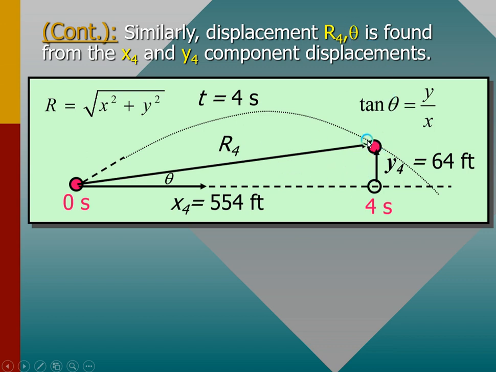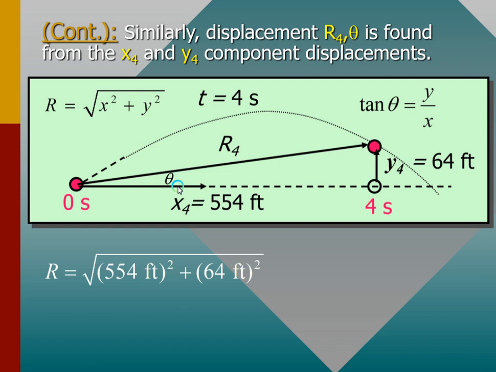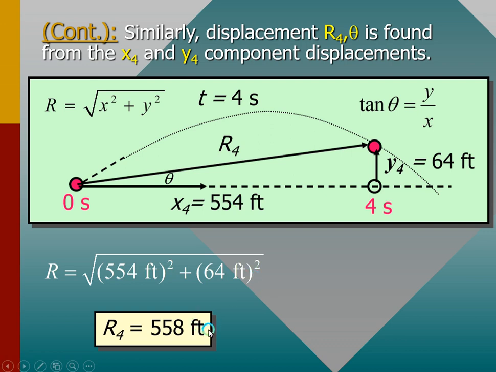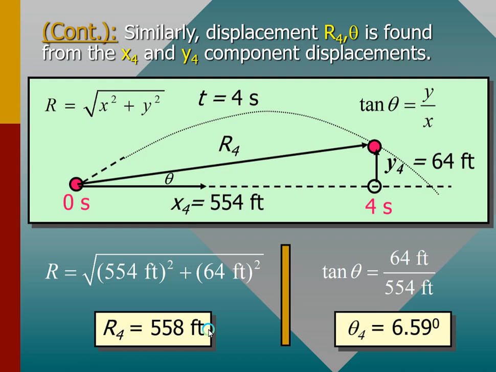So, pila ni siya. Okay, so, pila ni ang R, pila ni ang ating nga theta. So, that will be equal to, so 554 plus 6 squared plus 64 squared. So, kaunta 558 feet. And then, we have 64 kag 54. So, kaunta lang arctan niya. So, we have 6.59 degrees.